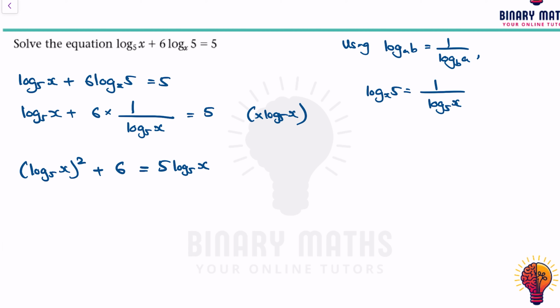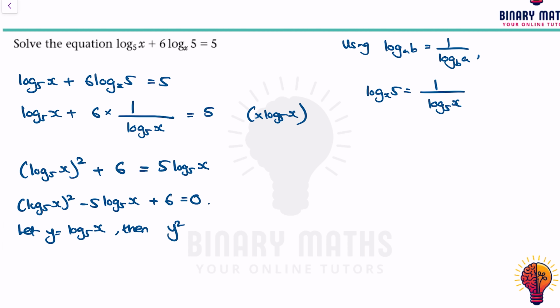So first thing I'll do is rearrange to make the right hand side equal to 0. So I get log base 5 of x squared minus 5 log base 5 of x plus 6 is equal to 0. If I let y be equal to log base 5 of x, then I've got y squared minus 5y plus 6 is equal to 0.